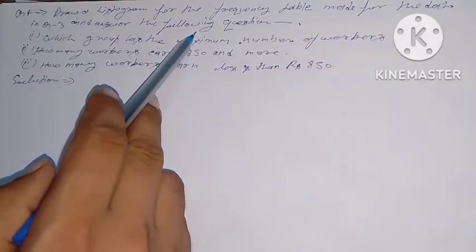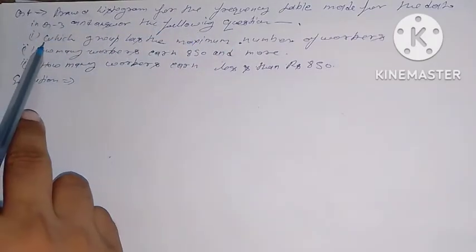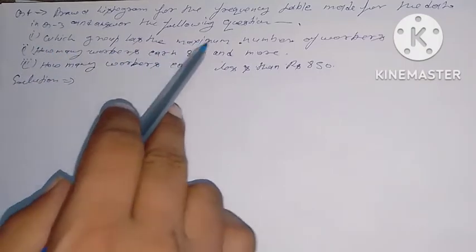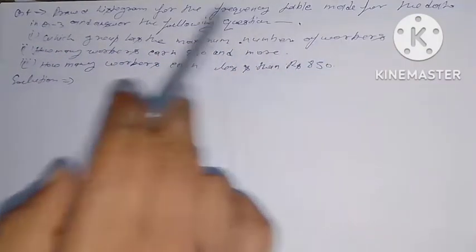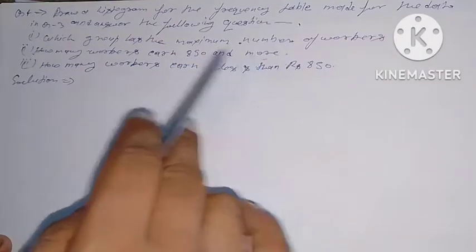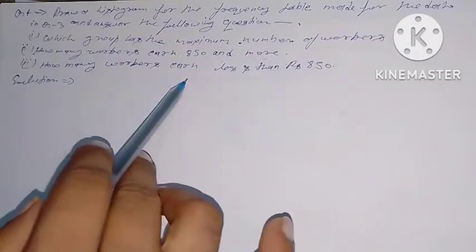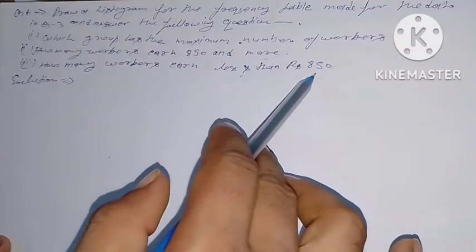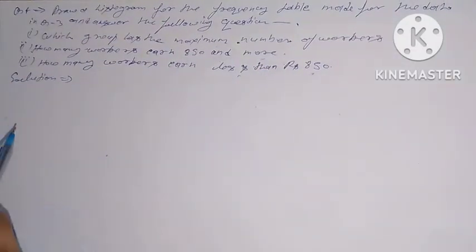Which group has the maximum number of workers? How many workers earn 850 and more? And how many workers earn less than 850 rupees? Solution. The histogram for the above frequency distribution table is as follows.